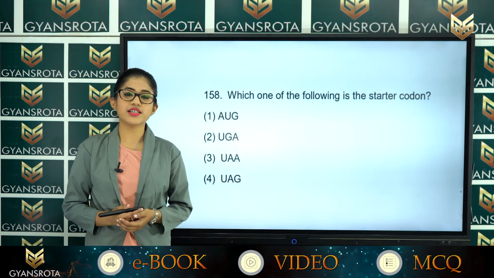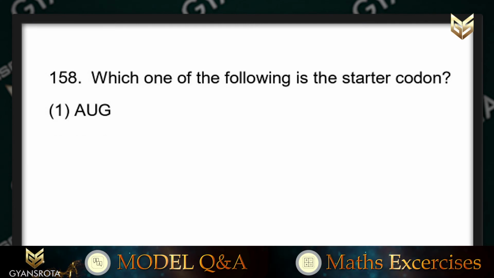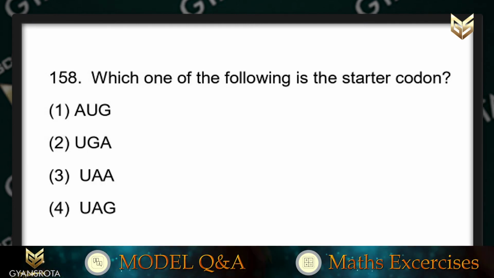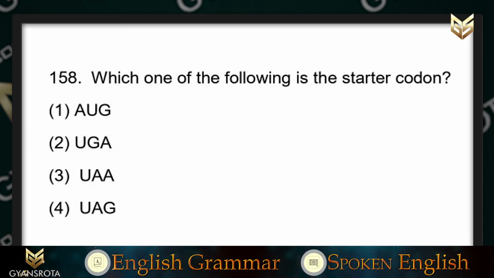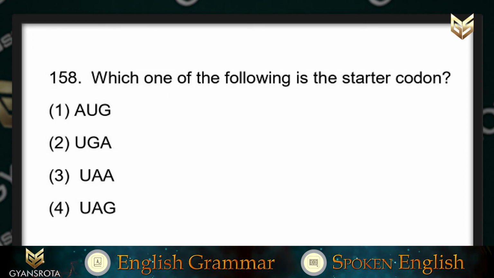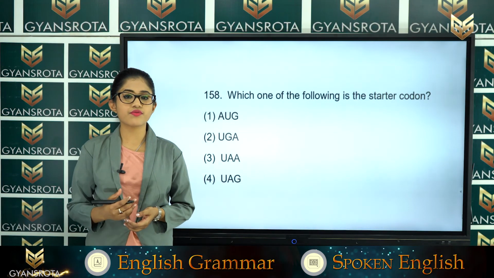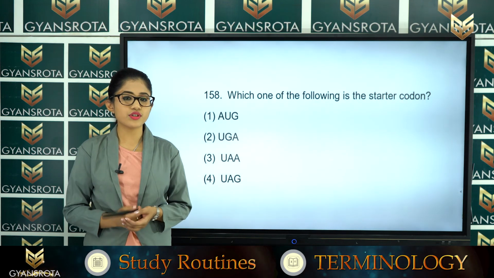Now, the next question is question number 158. Which one of the following is the starter codon? Options are given: AUG or UGA or UAA or UAG. So, this question is from the chapter Molecular Basis of Inheritance and this is a very easy question, right?